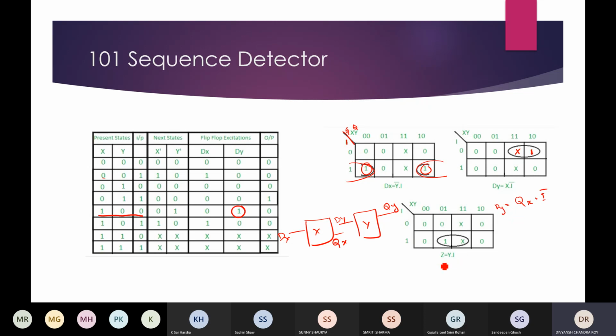Similarly for the output z, here you can see that output z is 1 for only one case, for which y and input I are 1, so it is simply the AND of y and input. So z is y and I.